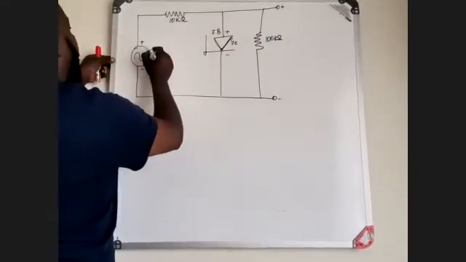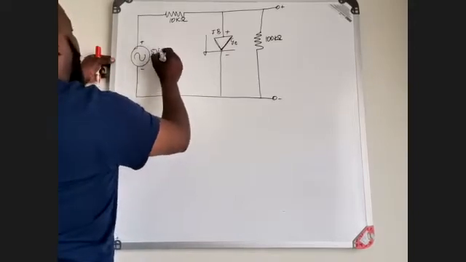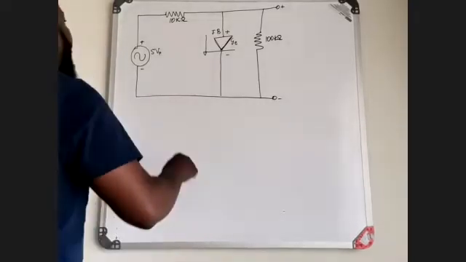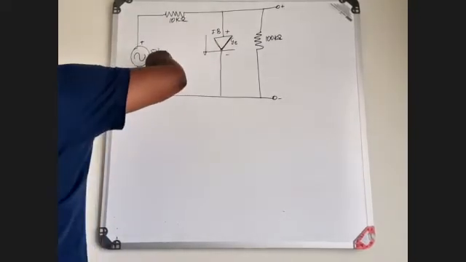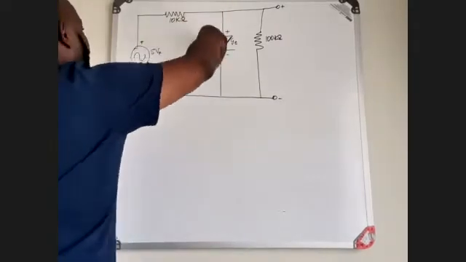Let's say for an example, that is 5 volts peak during forward bias, which means now you're looking at this on a positive cycle. Now, if this is established during forward bias, the current will be able to flow.